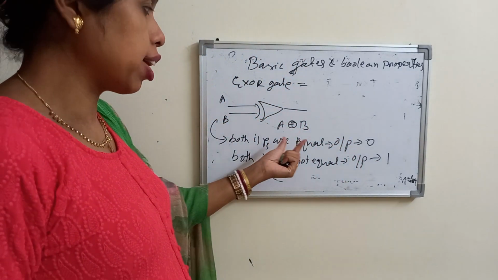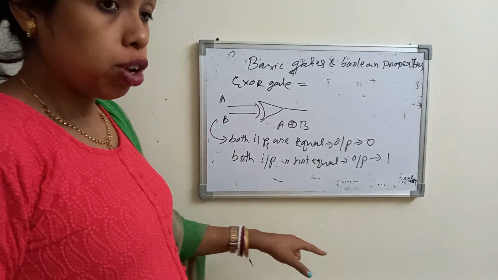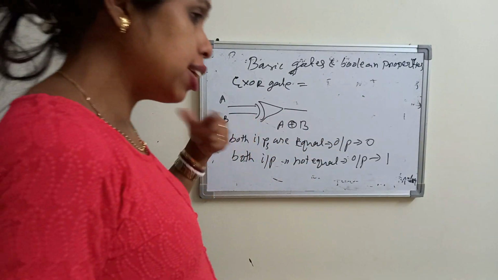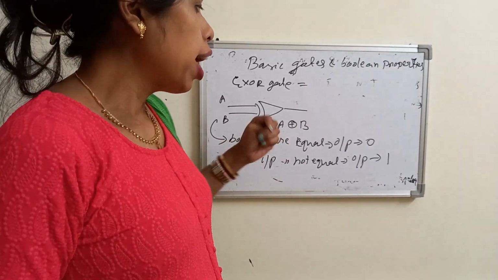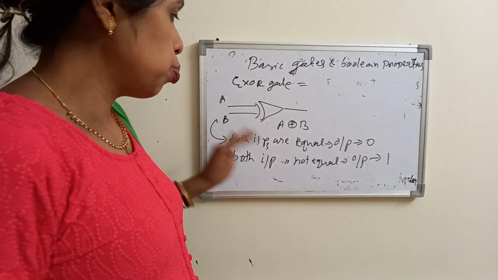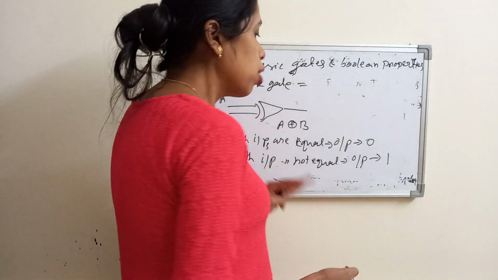If both inputs are equal, the output will be 0. If both inputs are not equal, the output will be 1. That means if both are either true or false, the output will be 0.